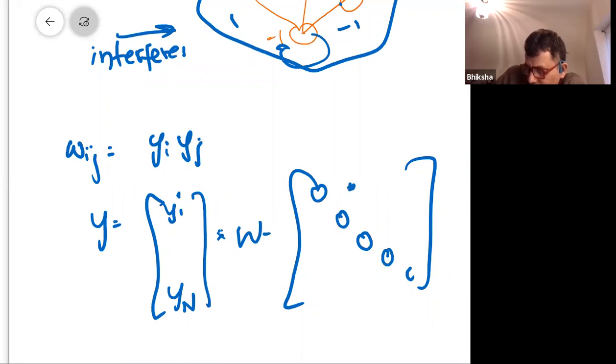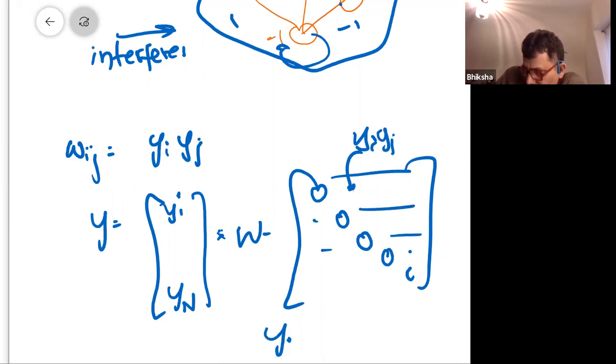The off-diagonal terms are Yi Yj. So this weight matrix is simply Y times Y transpose for all of the off-diagonal elements. But the diagonal elements are being set to 0. But what are the diagonal elements of Y times Y transpose? They're just 1. So the weight matrix becomes Y times Y transpose minus I.